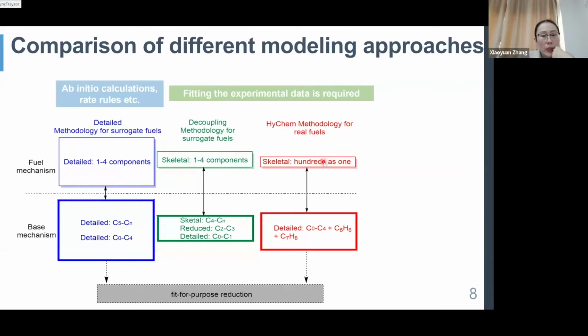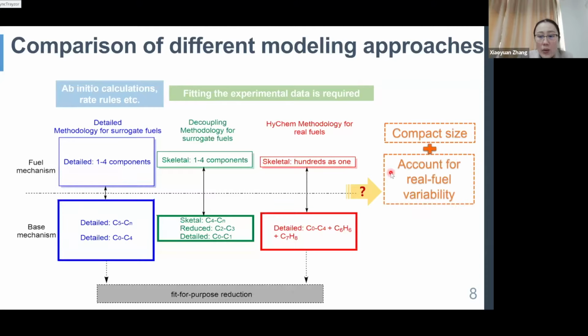So in this work, we are thinking of combining the advantages of the detailed and the HyChem model approaches, which makes the model have a compact size, and also can account for real fuel variability and is fully predictive without fitting the experimental data.